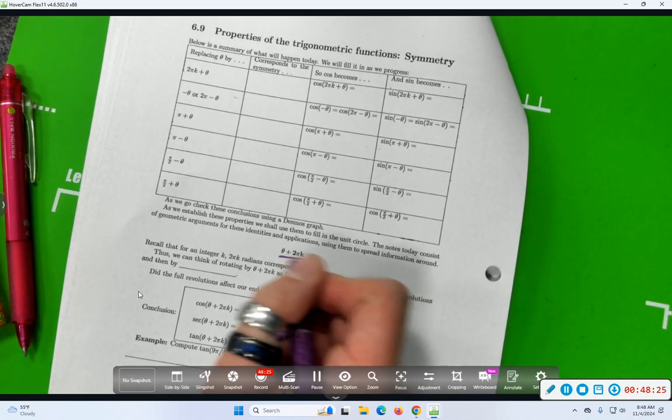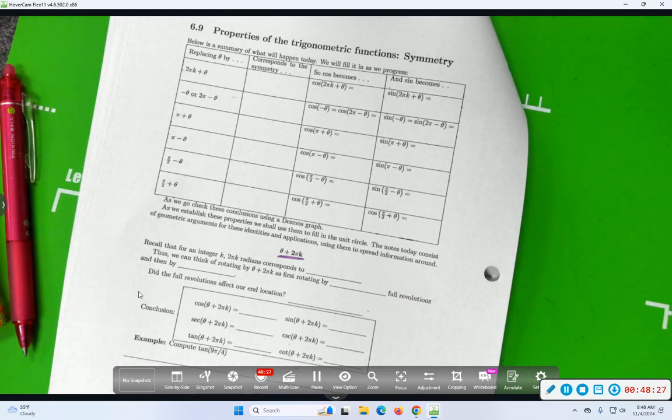So let's suppose you add a multiple of 2 pi to an angle. Let's think about what that'll do to trig functions. What type of angle does 2 pi correspond to? All the way around the circle. So an angle of 2 pi k corresponds to k full times around the circle.